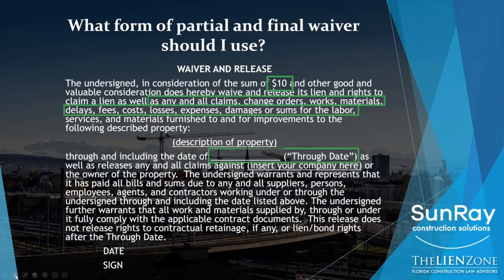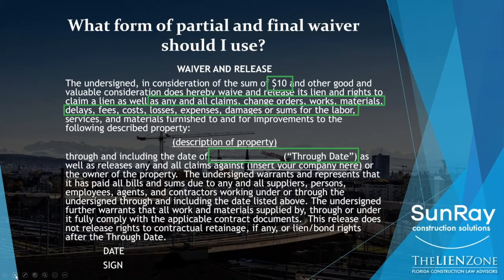It also has a through date, just like the other form of release did. This one goes on to talk at the end about other things, which again, we see in existing releases. So this release goes on at the end to say the undersigned warrants and represents that it has paid all the bills to anybody that's owed money on the project. It goes on to say the undersigned further warrants that all work has been supplied pursuant to the contract documents.